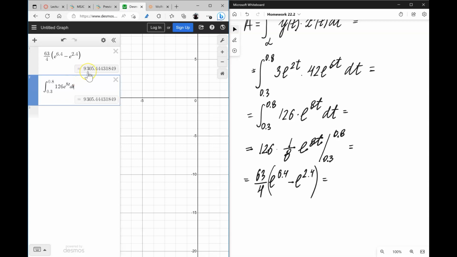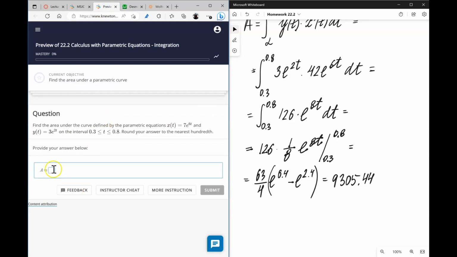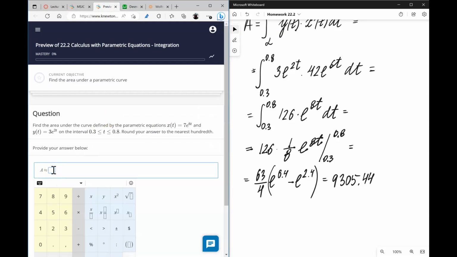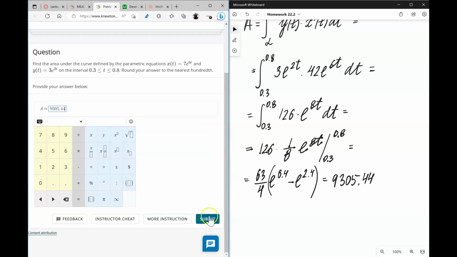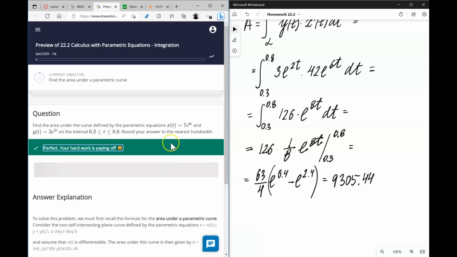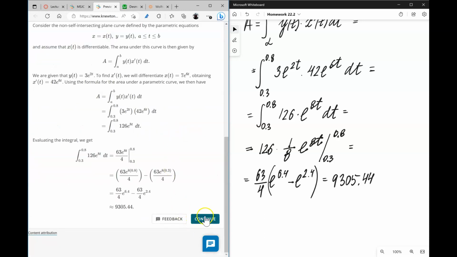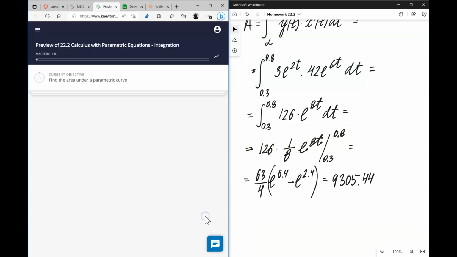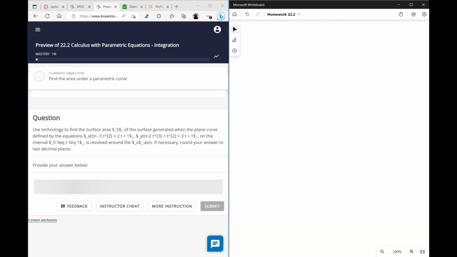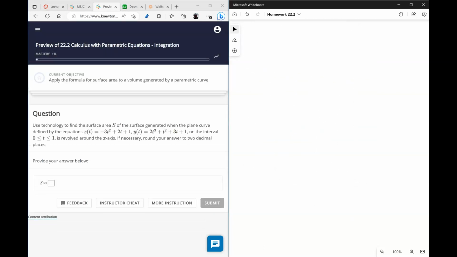And now we see that this is really the right answer, and we have more confidence before submitting this over here. And we have to round to the nearest hundred, so that's fine. So that's the answer. Next question.